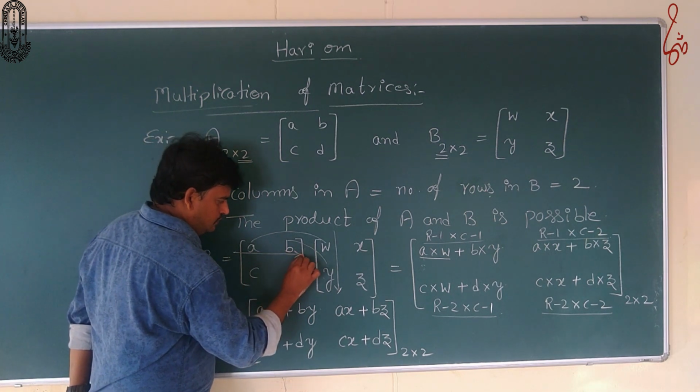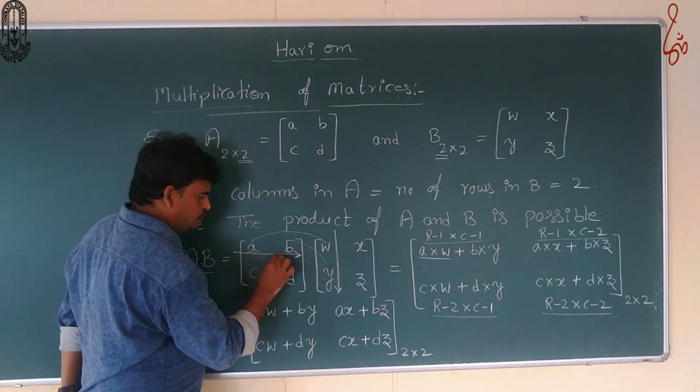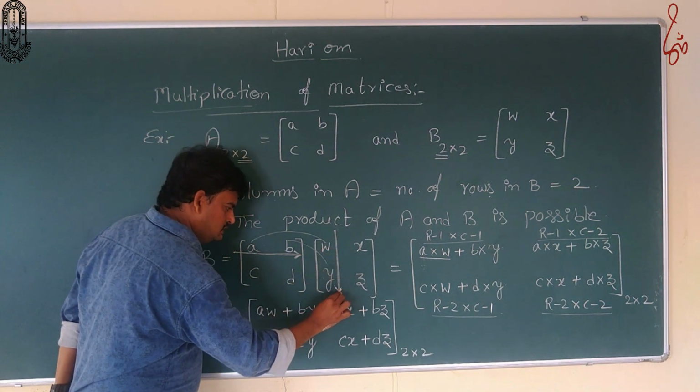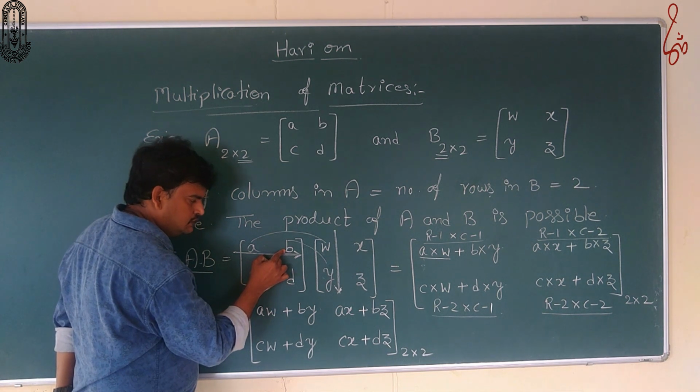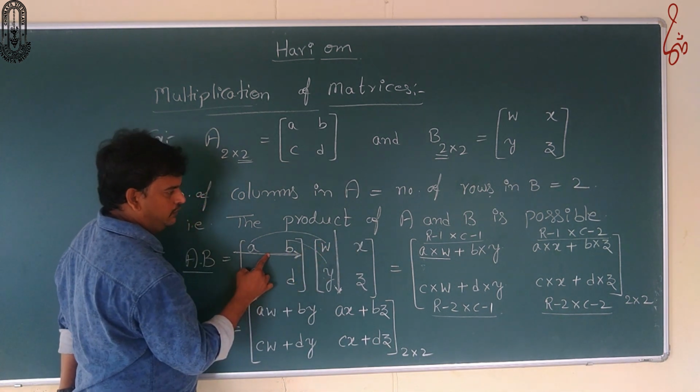Here in the first row I have 2 elements, and here in the first column I have 2 elements. These two elements should multiply with these two elements and we should find the product addition.